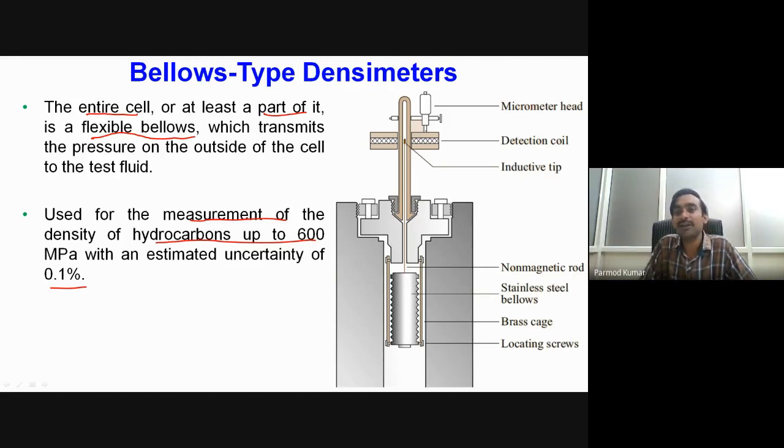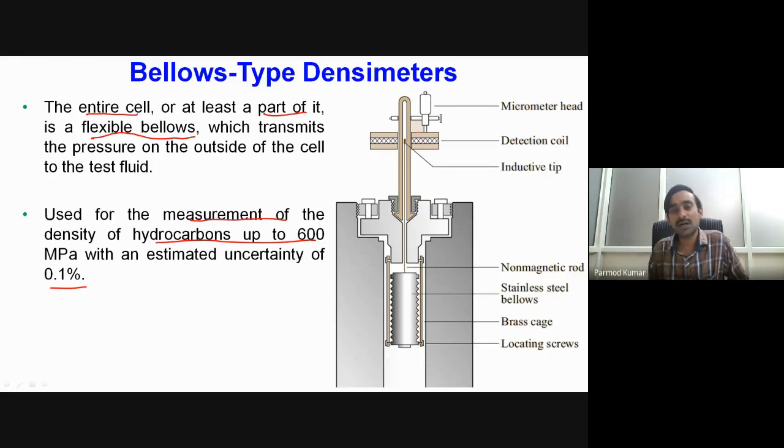Over here we are having a detection coil, and this detection coil can sense the magnetic field or electric field, and based on that it will give us a signal. You can also see we are having a micrometer to find out the change in location of the coil or the change in location of the inductive field.